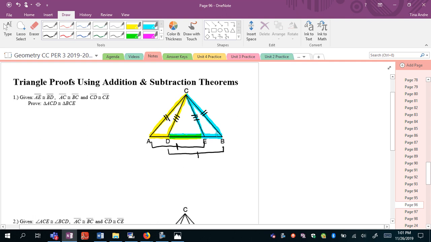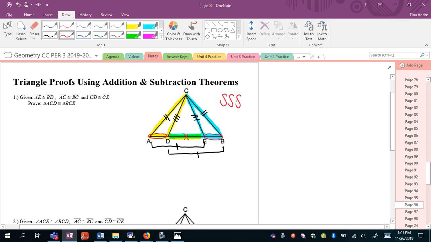AE and BD are congruent, which is getting me closer to these sides in the triangles, because if I'm given this whole side, and if I get rid of this shared piece where the colors turn green by using reflexive property, if I subtract that from both of these large segments, I'll be left with these two parts, which will then be congruent, which happen to be the sides of the two triangles I'm trying to prove. Right now, the pieces that are congruent aren't actual sides of my triangles, so that's why I would have to use the segment subtraction theorem. So it looks as if I'm going to be able to use SSS to prove this.